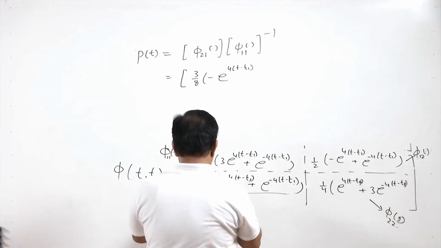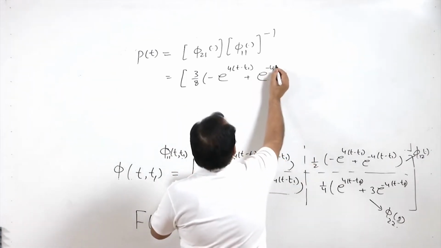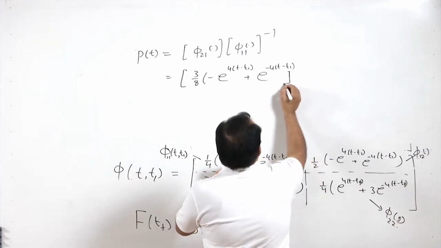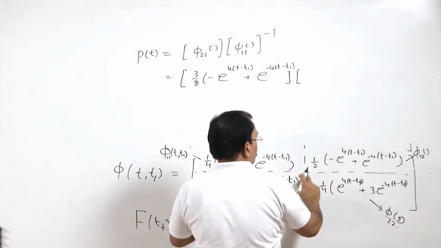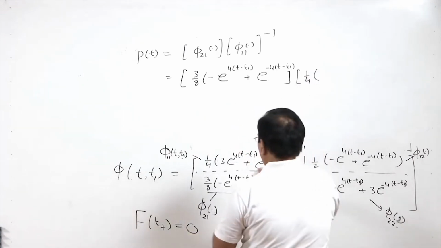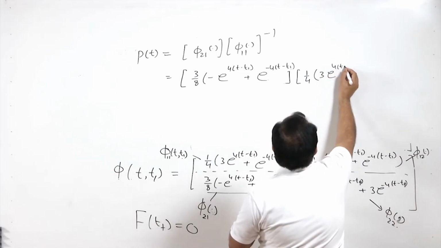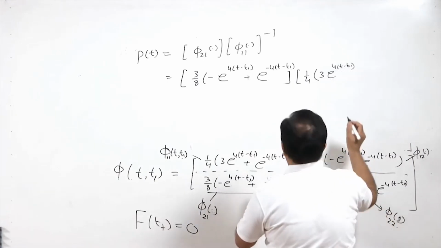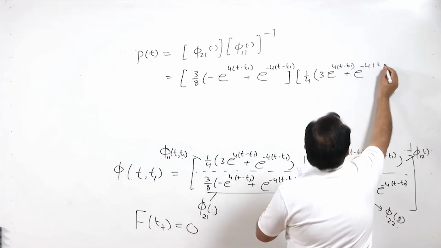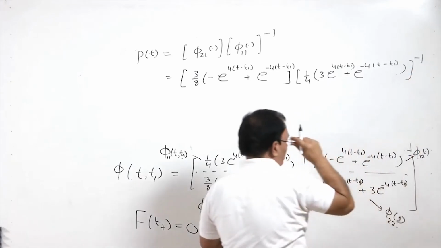e to the power 4(t − t1) plus e to the power −4(t − t1), multiplied with phi 1 1, which is 1 by 4, this is 3, e to the power 4(t − t1) plus e to the power −4(t − t1), and inverse of this.